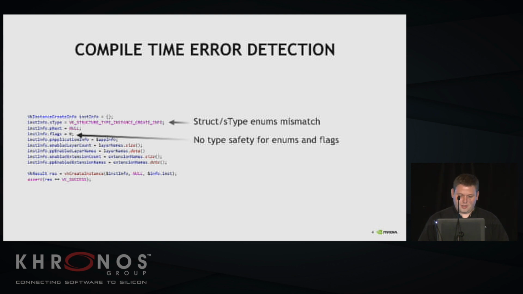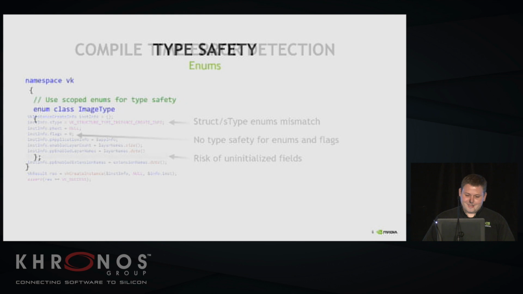Because the names are similar, the compiler won't tell you in the C API. And finally, if you're initializing your struct line by line, you might forget a field, and the compiler doesn't tell it to you, and you are debugging and wondering why the hell is the code not working? In most cases, 0 as a value is reasonable in Vulkan, but not always, and you get some random bugs. You don't know what's happening.